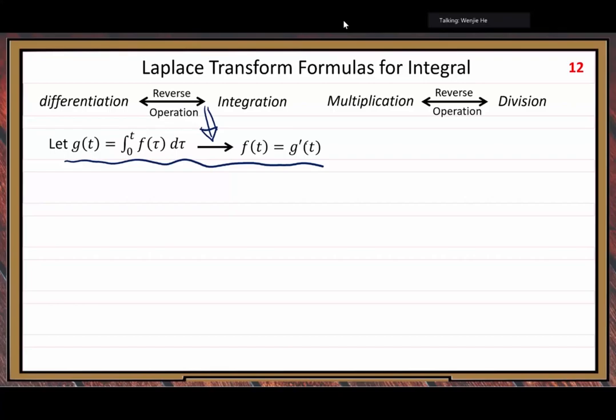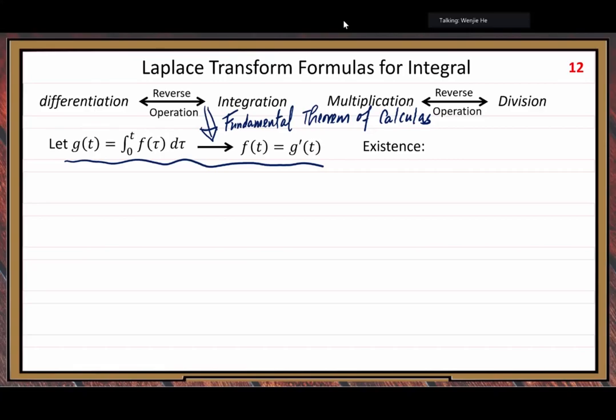It's called the fundamental theorem of calculus. So you know how important it is.